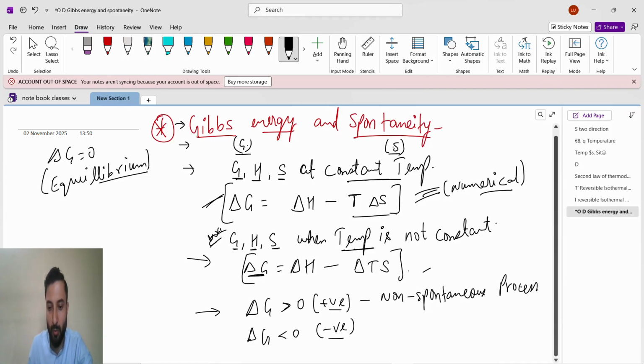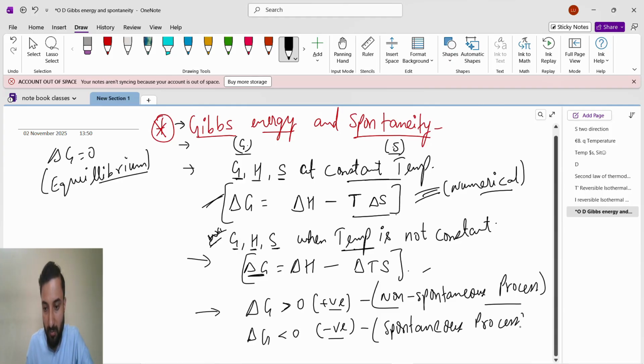If it is a spontaneous process, delta G is less than 0, that is negative. If delta G is 0, then equilibrium. This is very important for numericals, though they will rarely ask.